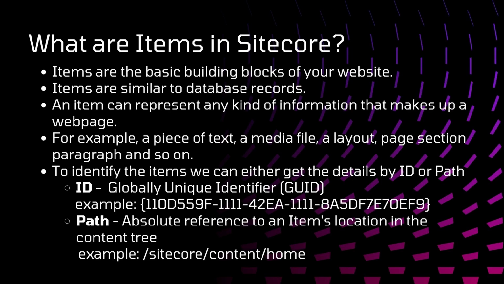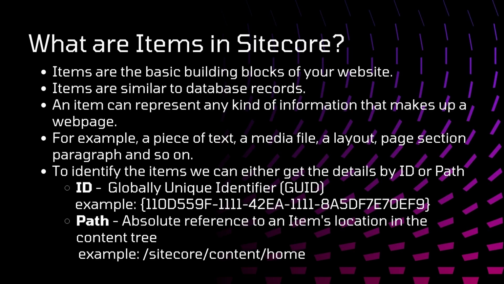Generally there are two ways to identify items. First is by ID and second is by path. We have a GUID ID for a particular item. GUID is nothing but a globally unique identifier. From that we can identify the items. For an individual item the GUID will be different from every other item.